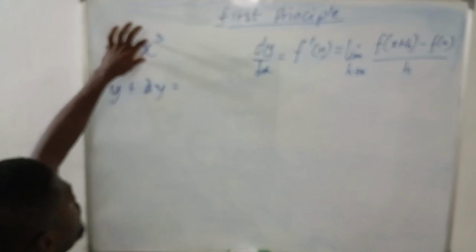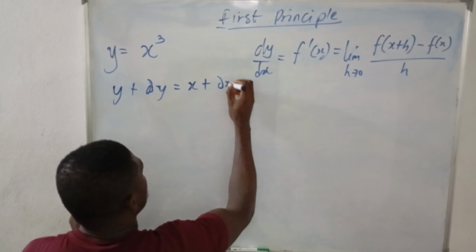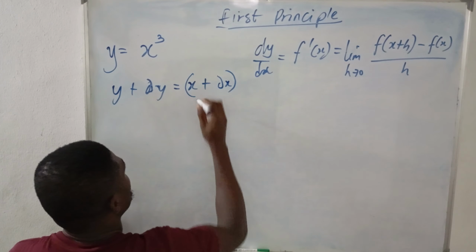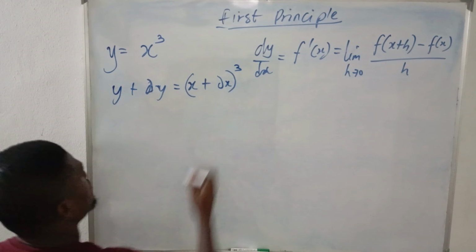But now you're going to make a change in x, so we're going to put x plus the little change in x. Now the whole of this will represent your x, and you raise it to the power of 3.